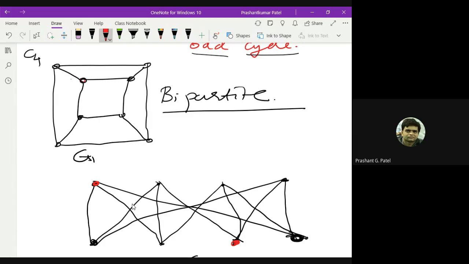It is bipartite, but not complete bipartite. For example, this one is not connected to this. So that's the way it is not.